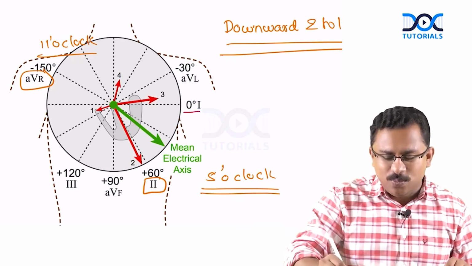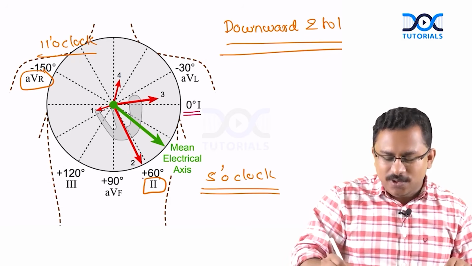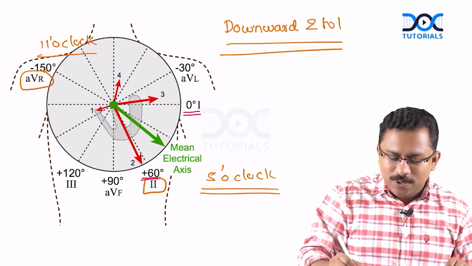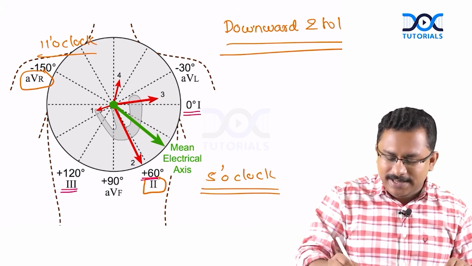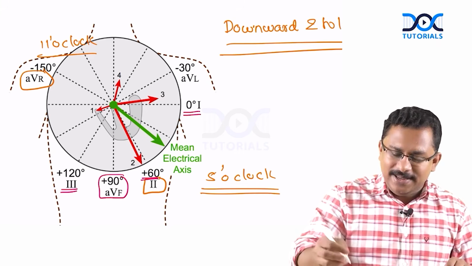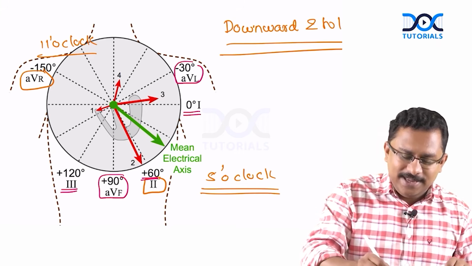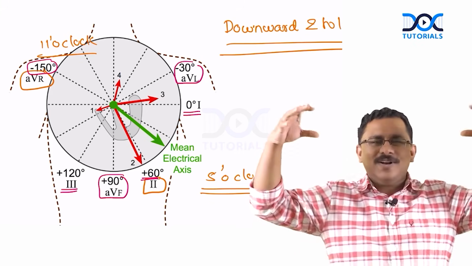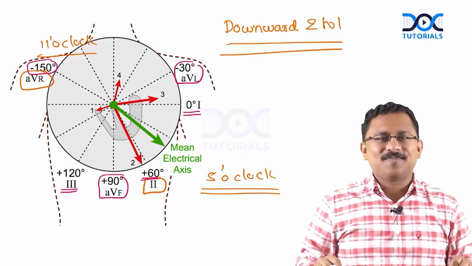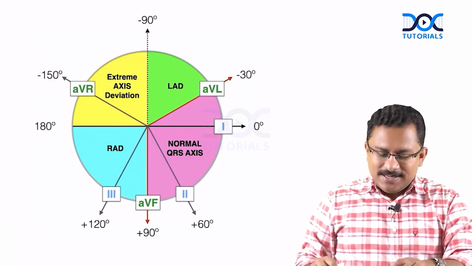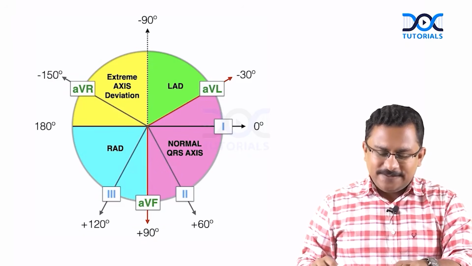Lead 1 is at 0 degree, lead 2 at 60 degree, lead 3 at 120 degree, AVF 90 degree, AVL minus 30, AVR minus 150. So all these are actually cameras. All right, moving to the next figure.